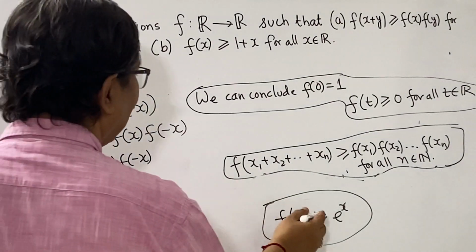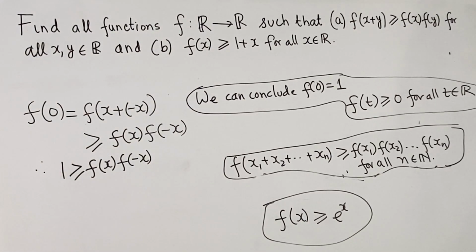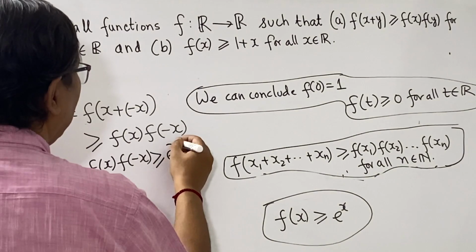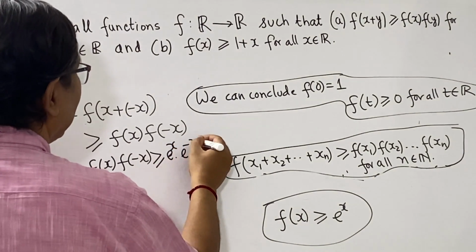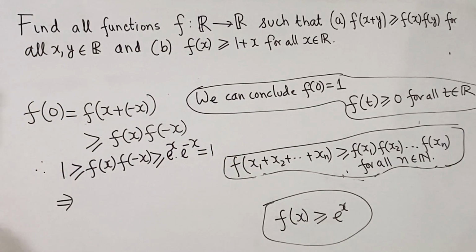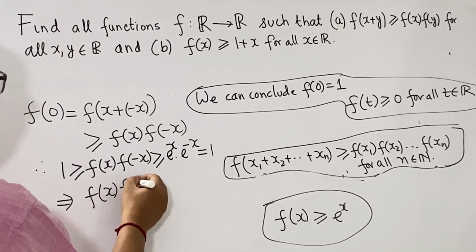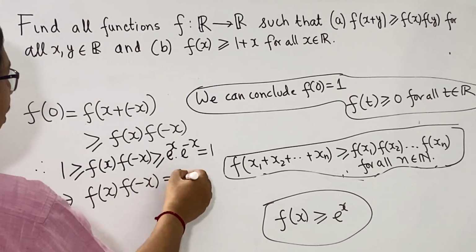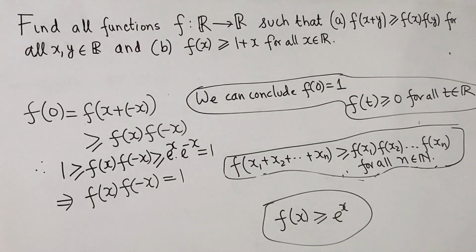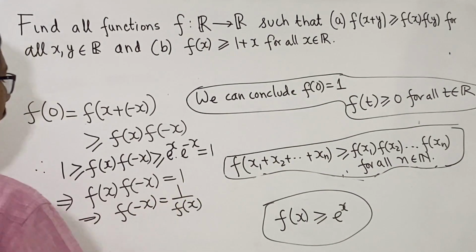Since f(x) is greater than or equal to e power x and f of minus x is greater than or equal to e power minus x, and these are all non-negative quantities, this is greater than or equal to e power x into e power minus x, and e power x into e power minus x is equal to 1. So this gives us that f(x) into f of minus x is equal to 1. So f of minus x is 1 by f of x.